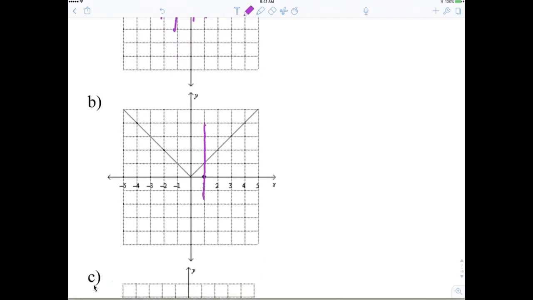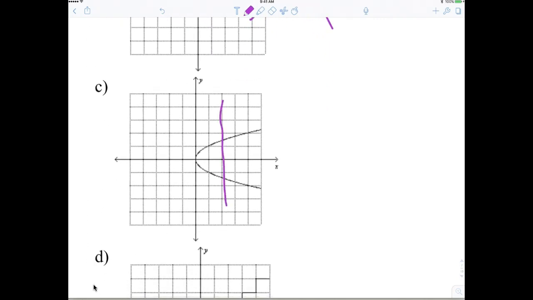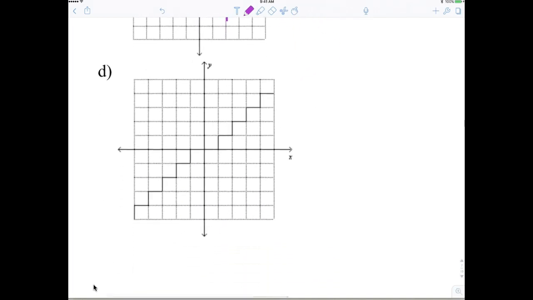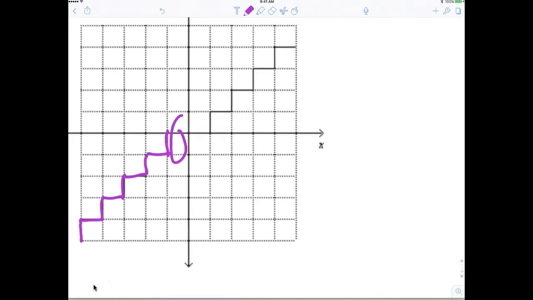Yeah, it touches the dot, so that's out. C, I can draw a vertical line here. There's 2, so that's out. And here, this one's kind of lightly done, but hopefully you can see the graph is stairs. So at this point, if I draw a vertical line, it'll touch more than one spot. Do you agree with that? All right, so I'm happy.